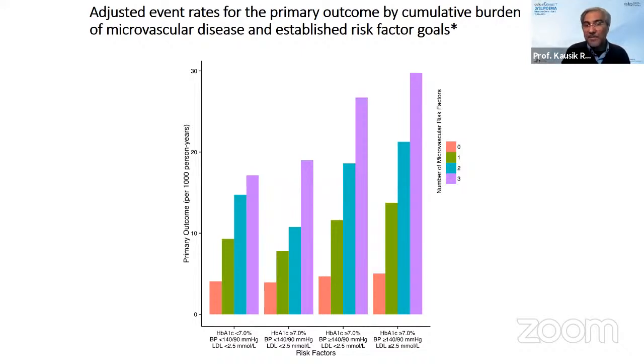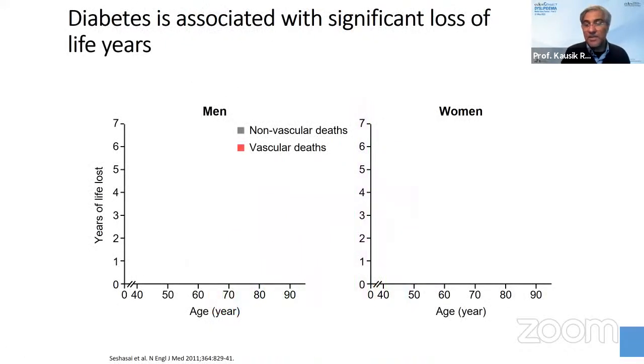But for each manifestation of microvascular disease, so going from 0 to 3, it becomes really important to control all of these people to goal, because the person, for example, with 3 manifestations of microvascular disease, I need to not just control their LDL, I need to control their blood pressure, I also need to control their HbA1c. So this concept of global risk is essential.